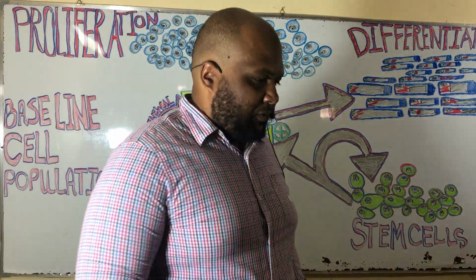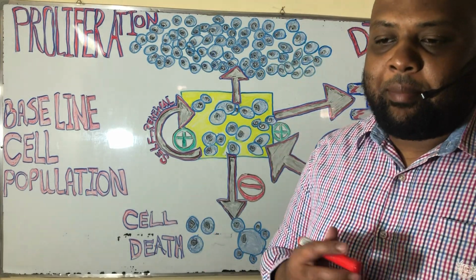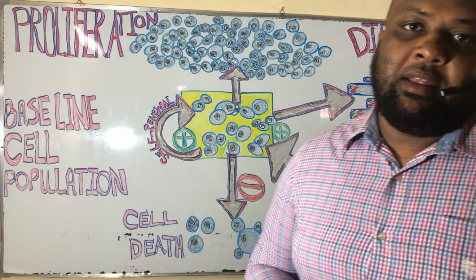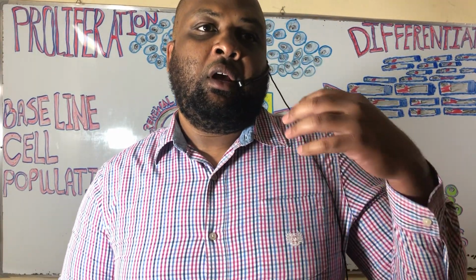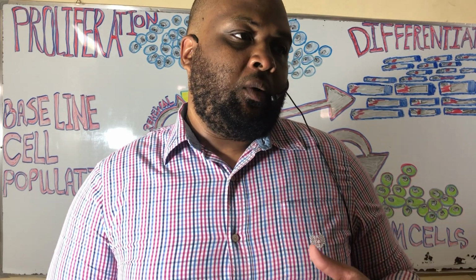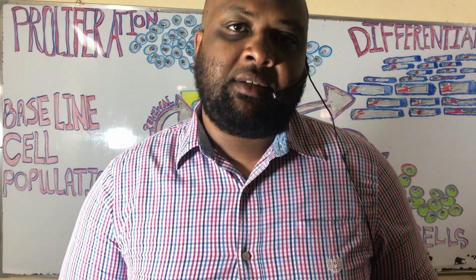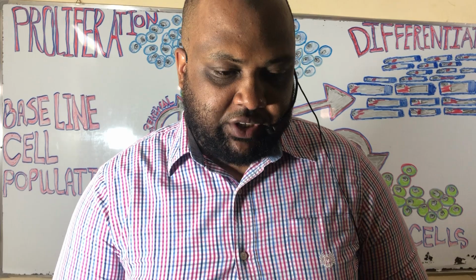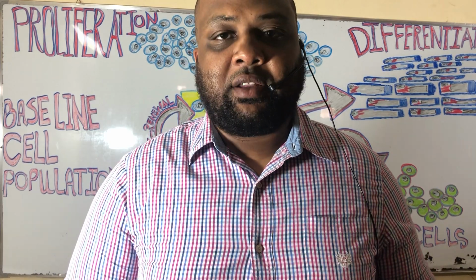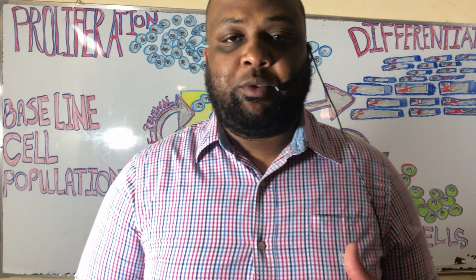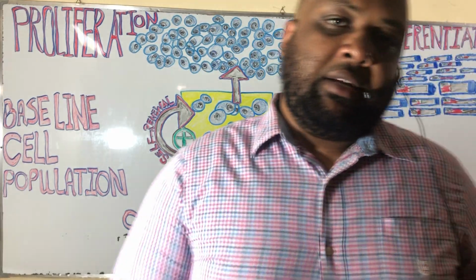And the objective of our discussion is to talk about the mechanisms that influence an increase in the cell population, or what are the factors that cause the opposite, which is a decrease in the cell population.